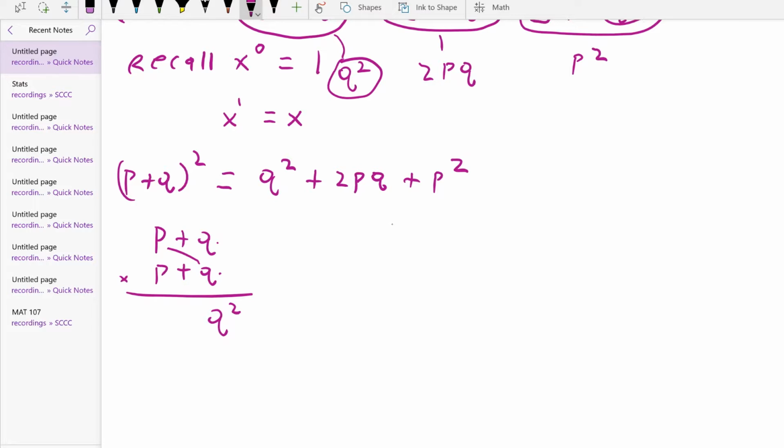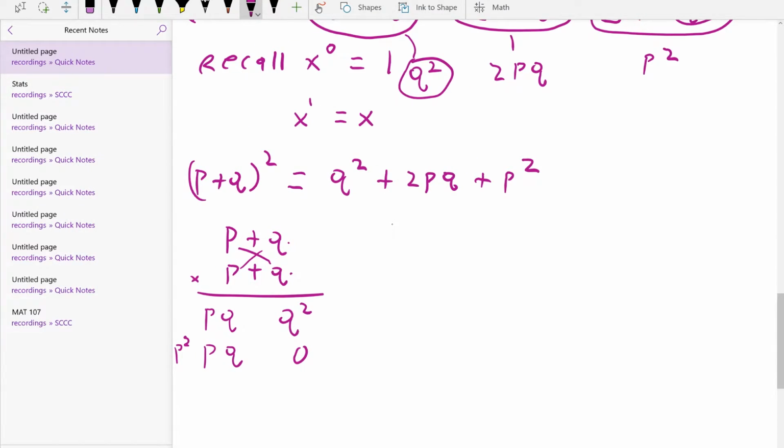Q times p is pq. Put the 0 down. P times q is pq, and p times p is p squared. Draw the line. Oh, I'm running out of space. Draw the line, and we have p squared plus 2pq plus q squared.